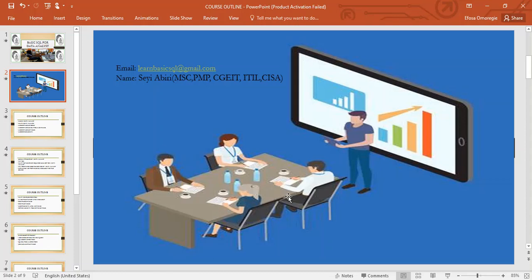So I'm targeting the freshers, the beginners. Those are the people that I'm targeting with this course. So if you are interested in getting your IT job, the one you've been dreaming about, and you don't know where to start from, this is a good place to start from.